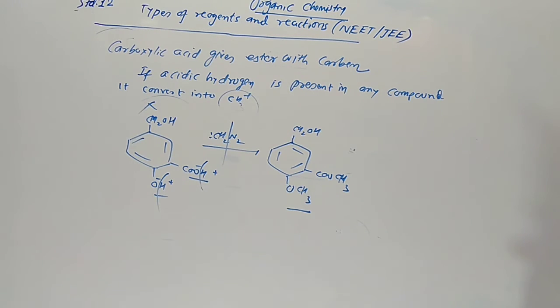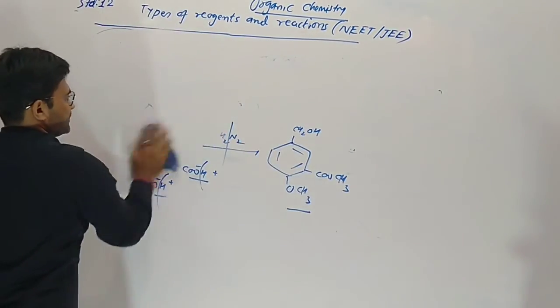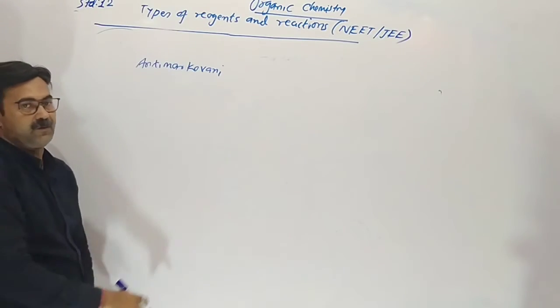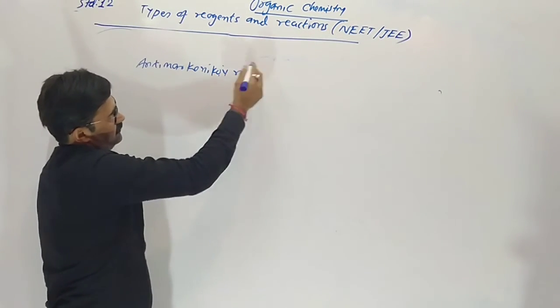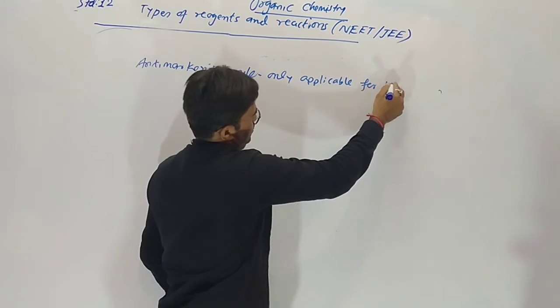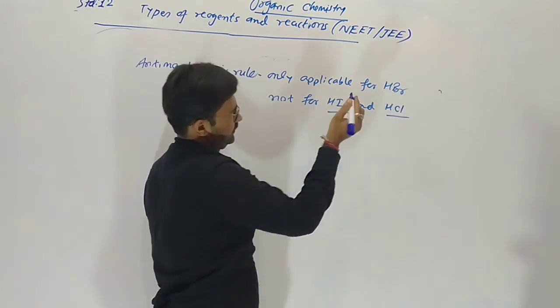Now the peroxide effect or anti-Markovnikov's rule means reaction with HBr in presence of peroxide, which is also a free radical reaction. This is applicable only for HBr, not for HI and HCl.